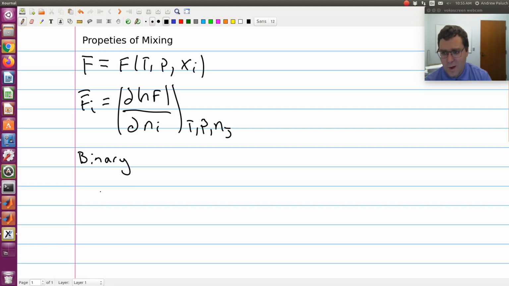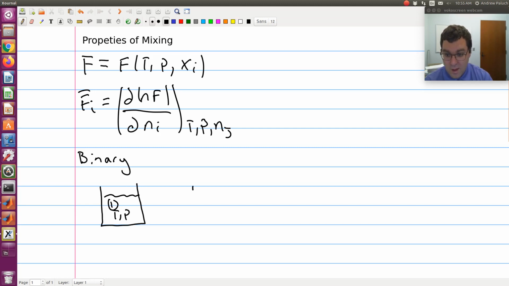So when I think about property changes upon mixing, imagine I have some beaker of component 1, which is at a given temperature and pressure. So I have a beaker of pure component 1 at a given temperature and pressure. It's in a beaker, it's in my lab, so I know it's at atmospheric temperature and pressure.